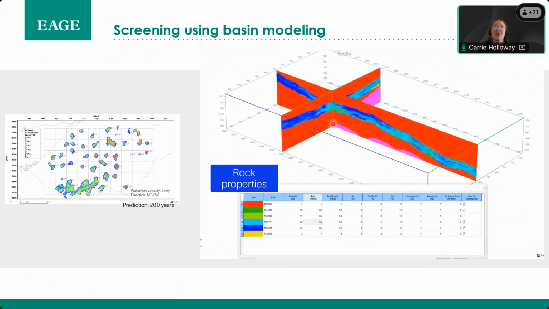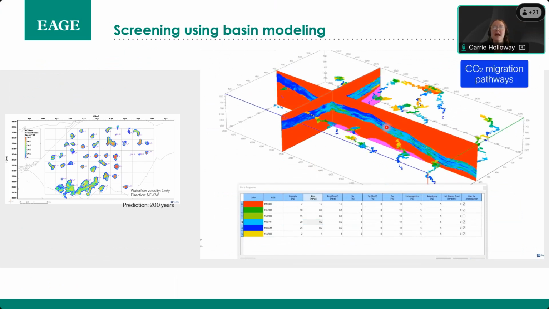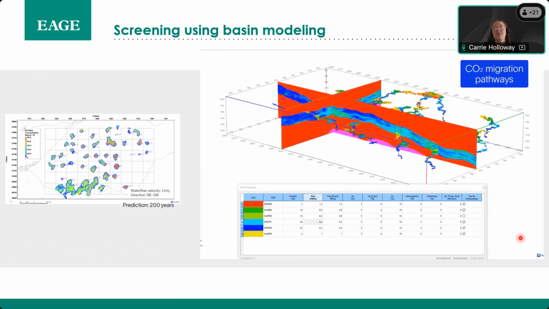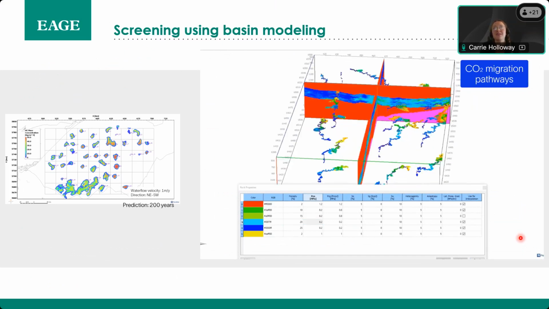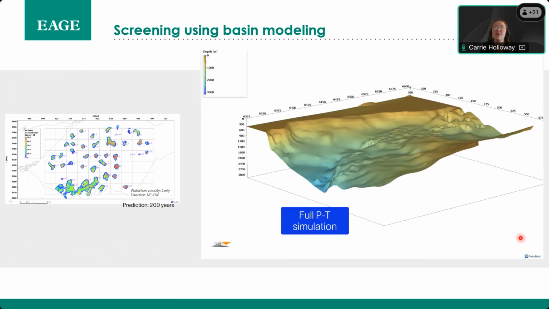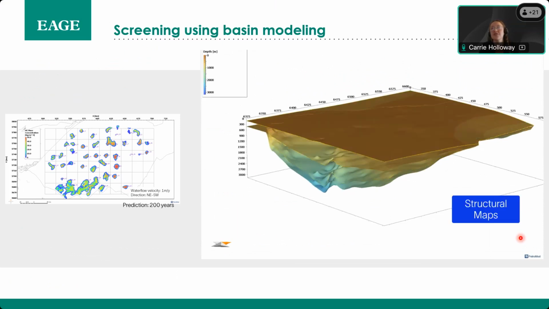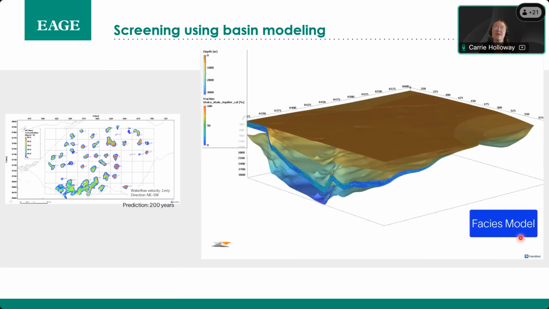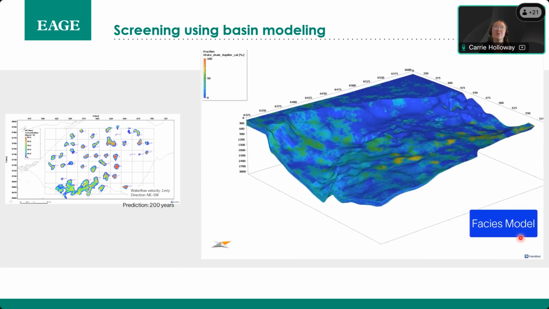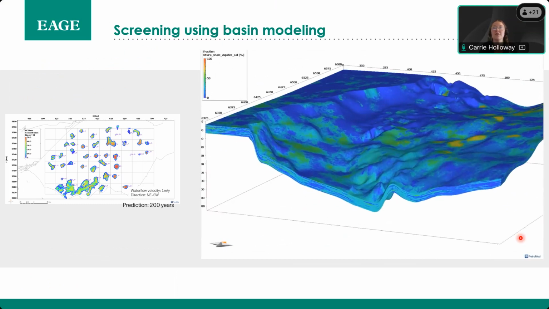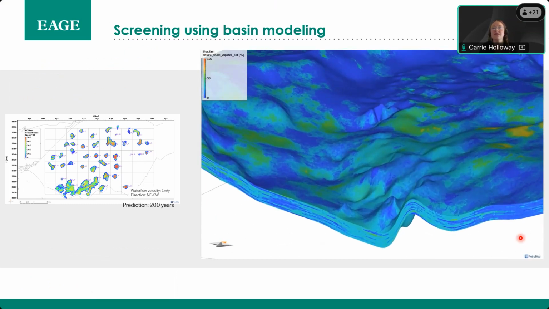We have the rock properties, and we can actually see the CO2 migration pathways by injecting into each of these structures that were identified, and we can calculate capacity for each of these structures. You can see we built this 3D model using the structural maps for each horizon, and also we have a facies model based on the shale percentage in the Utsira.